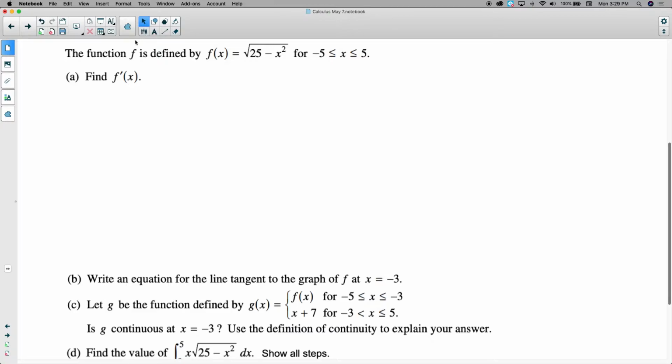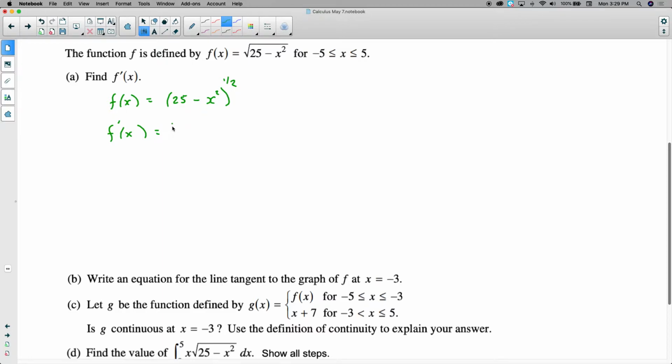Okay. I'm going to restructure f so that it looks like it's easier to differentiate by writing it as 25 minus x squared to the half power. And now I'm going to find f prime by doing the chain rule here.